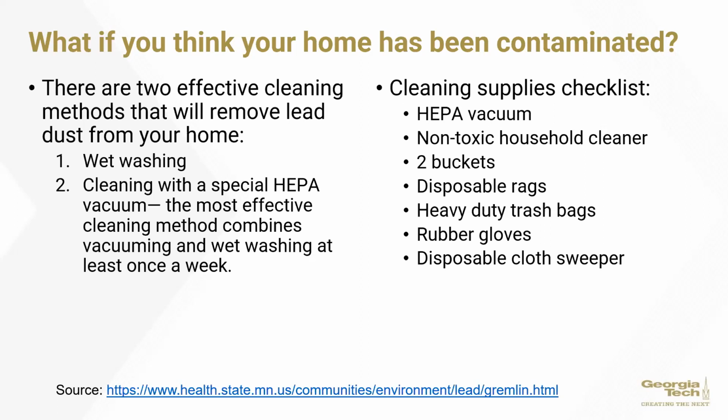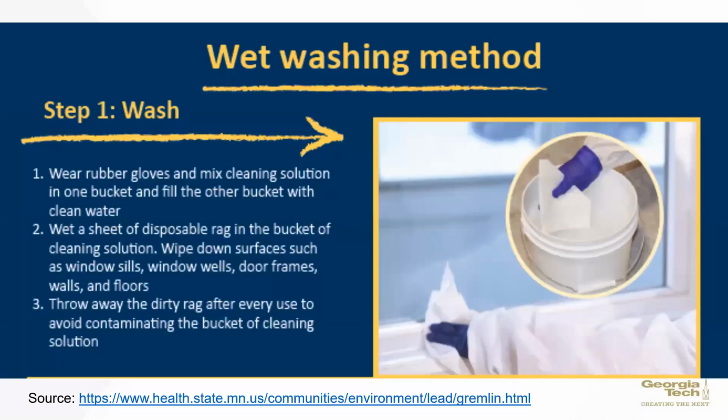You should select a non-toxic household cleaner, 2 buckets, and we'll explain how to use them in a minute. Some disposable rags, so take some old towels that you don't need anymore and rip them into rags, and then some heavy duty trash bags to properly dispose of the contaminated material, rubber gloves, and a disposable cloth sweeper, and an example of that would be like a Swiffer.